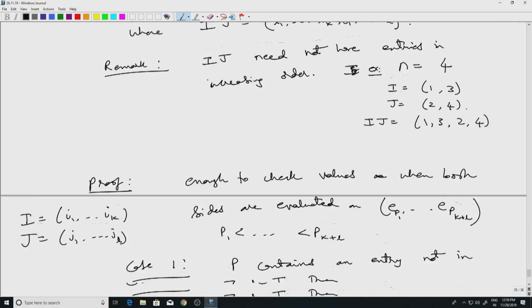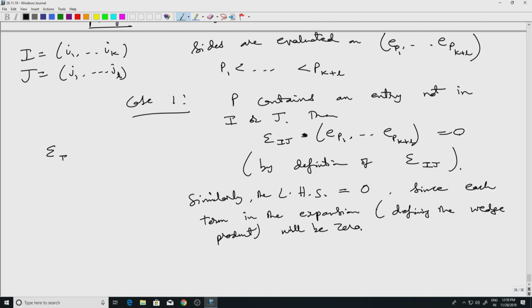So I'm looking at this, e_{p1} etc. e_{p_{k+l}}. Now the wedge product, by definition, you will be looking at things like this: epsilon I tensor epsilon J evaluated on e_{σ(p1)}, e_{σ(p_{k+l})}.